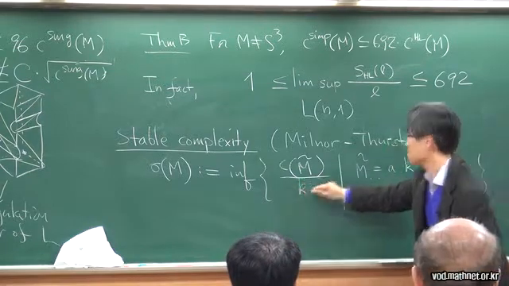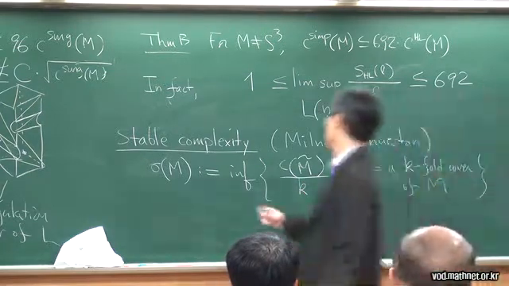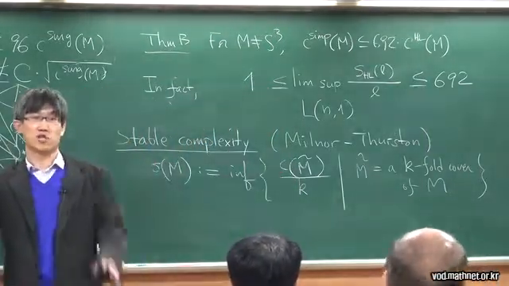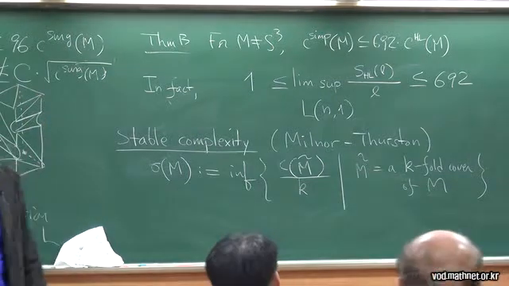So we divide it by k and take the infimum of all these ratios. So it's kind of looking at the finite covers. All right?